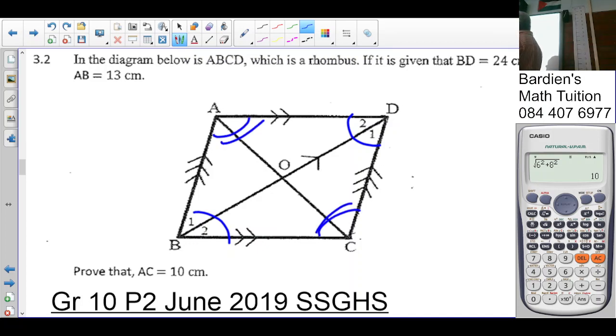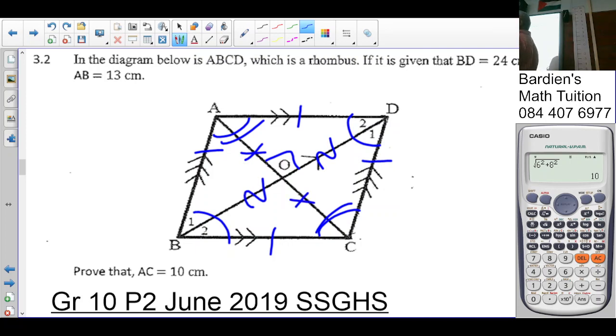Next one. Diagonals are perpendicular. Next one. All sides are equal. Next one. Diagonals bisect each other, yes.